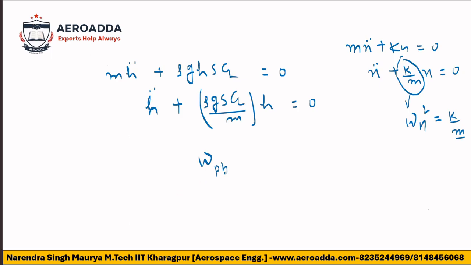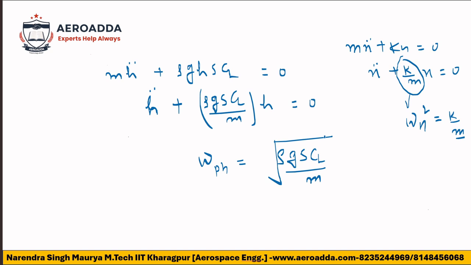Long period oscillation is also called phugoid. So omega PH is nothing but root of rho g s Cl divided by mass, the natural frequency of the long period oscillation, which is called phugoid. If you remember this, you'll be able to write the equation.